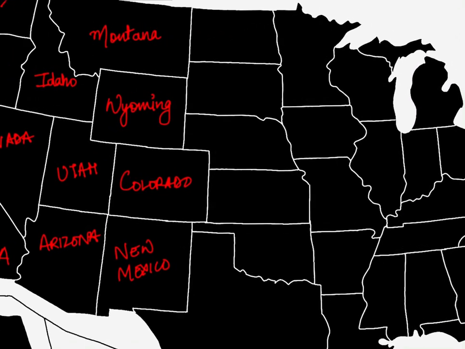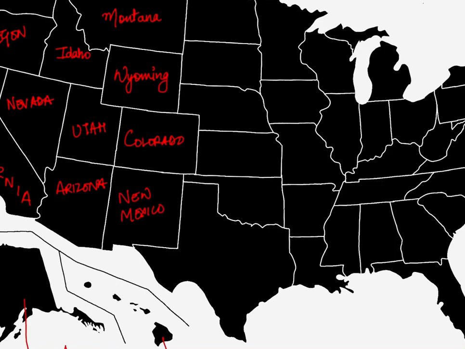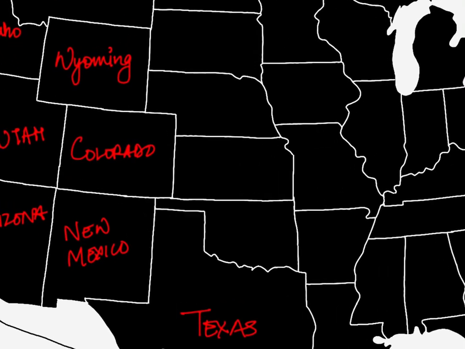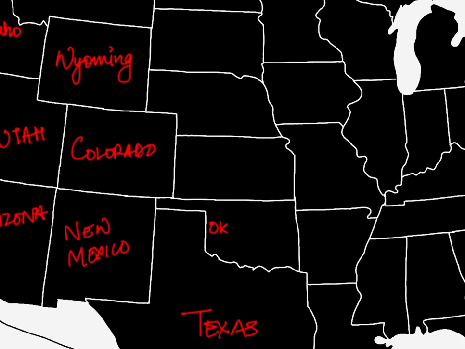Now the state we see over here down south is the state of Texas. Towards north of Texas we have Oklahoma, and towards its north we have Kansas.